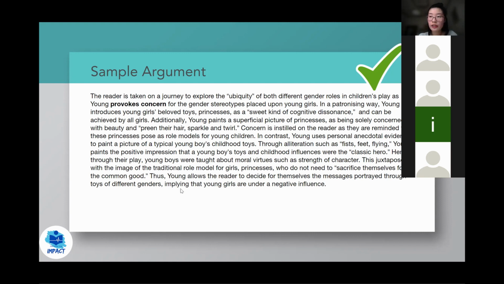So my next question for you guys is, what do you think could be improved in this paragraph? Yep. So Karen's saying it could use shorter sentences and more concise sentences. Cool. Anything else?